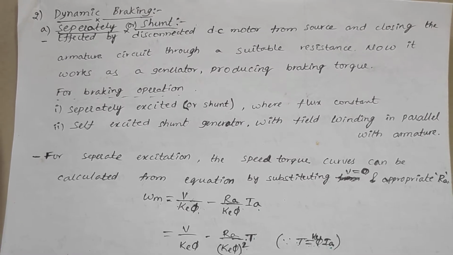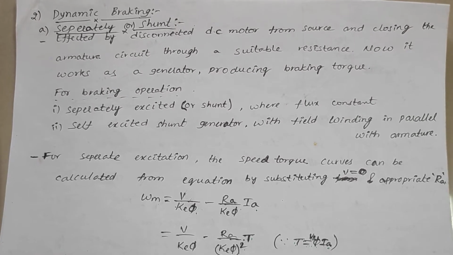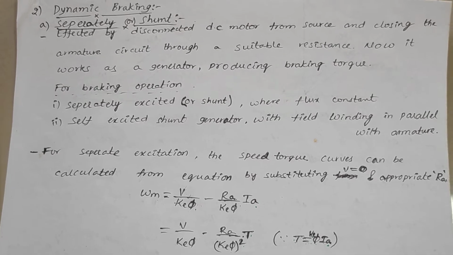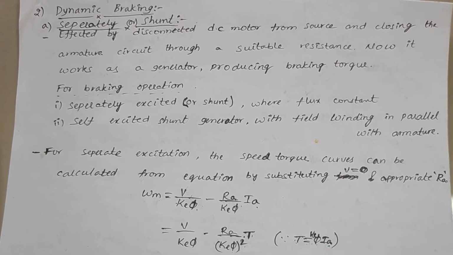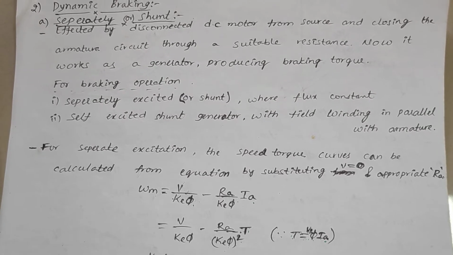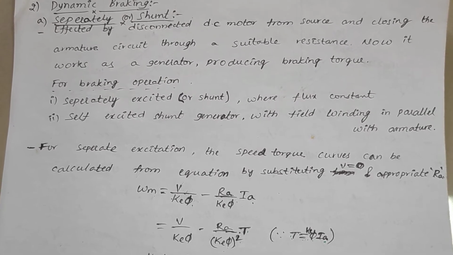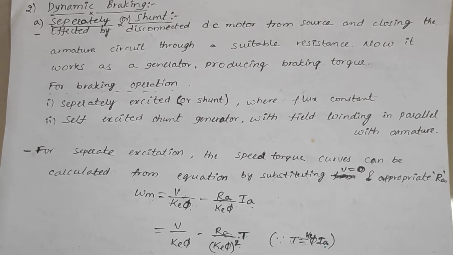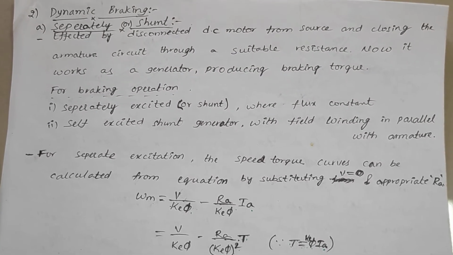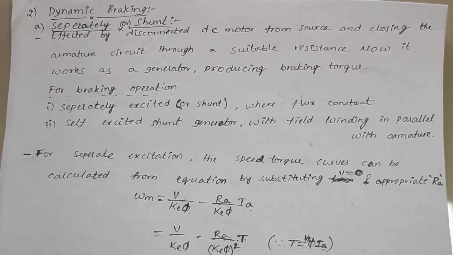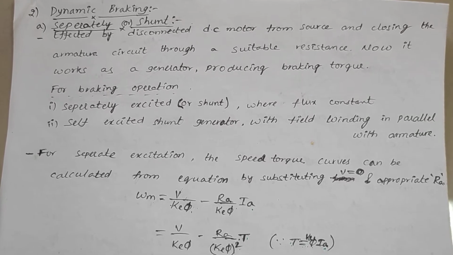So indirectly what we are doing is disconnecting the DC motor from the source and closing the armature circuit through a suitable resistance. When we do this, the motor will work like a generator and it will produce the braking torque. The corresponding resistance is called the braking resistance and the corresponding torque is called the braking torque.